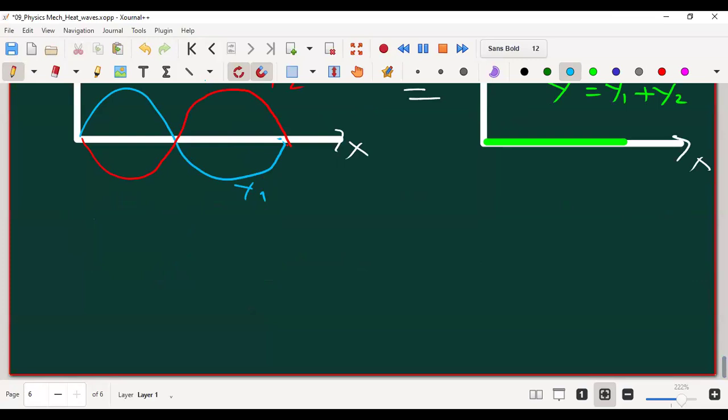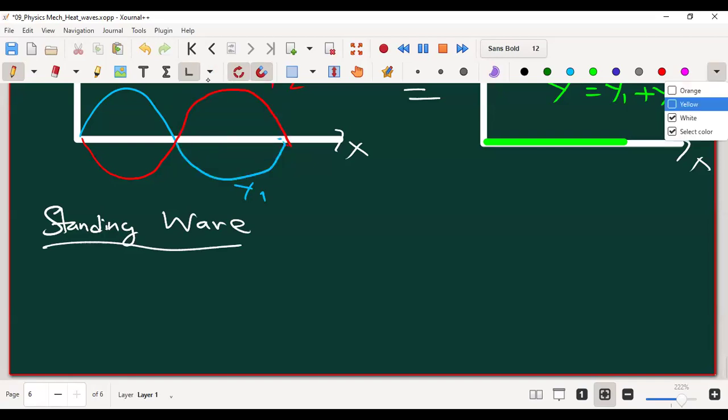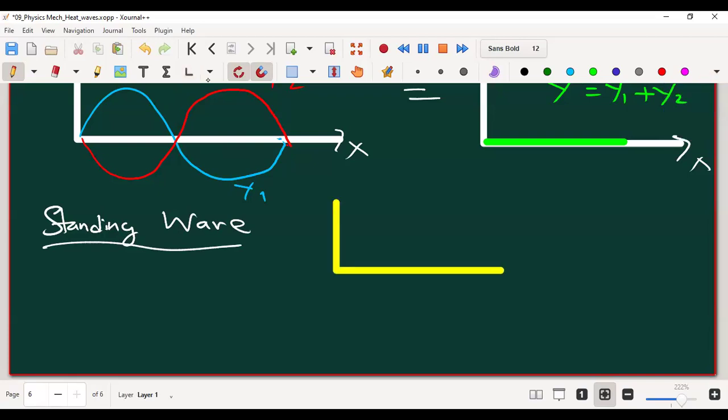If there is no question, we can continue to standing wave. So standing wave. We can imagine that if we have a wave, there is node and antinode.